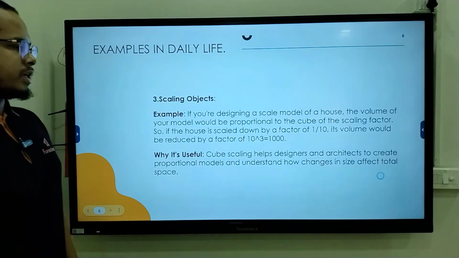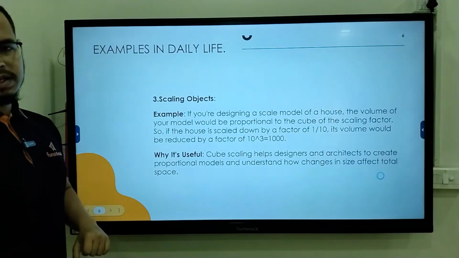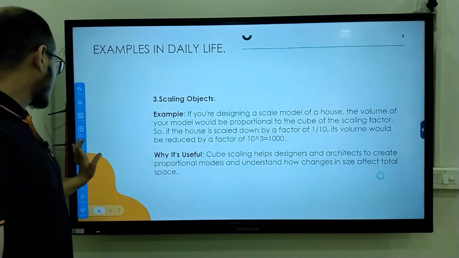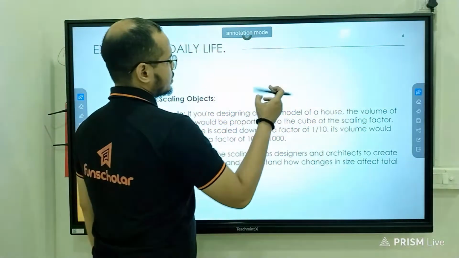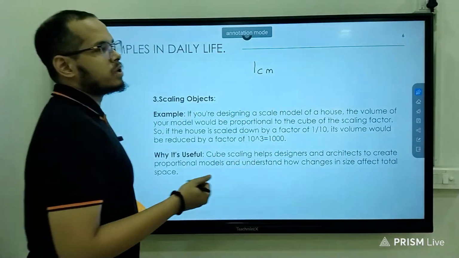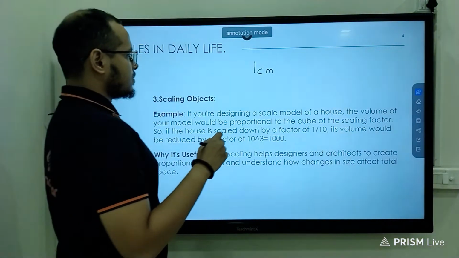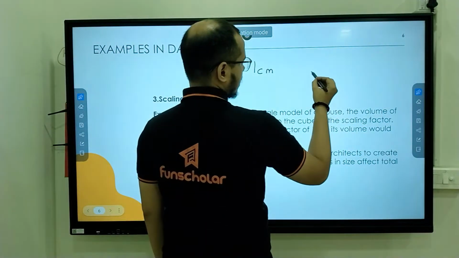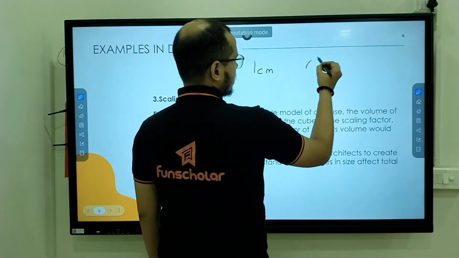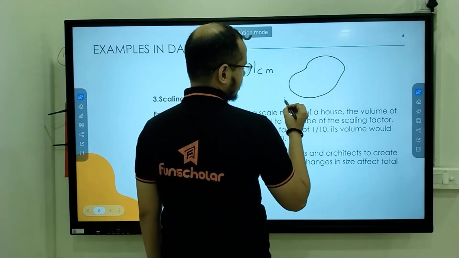Next is scaling objects. Now what is that scaling? If you are designing a scale, for example, I have done a scale in which 1 centimeter is equivalent. This is very useful in case of distance. Like I draw a map of a place, for example, any particular island you can think about.